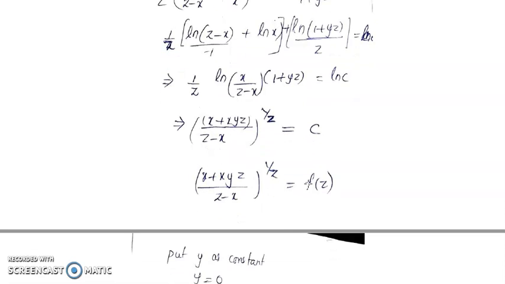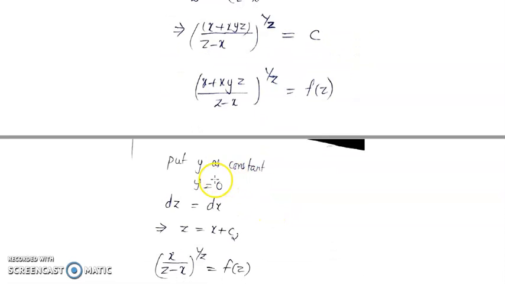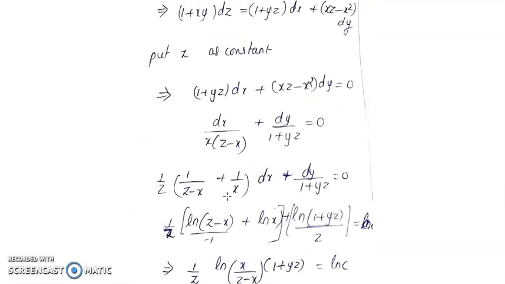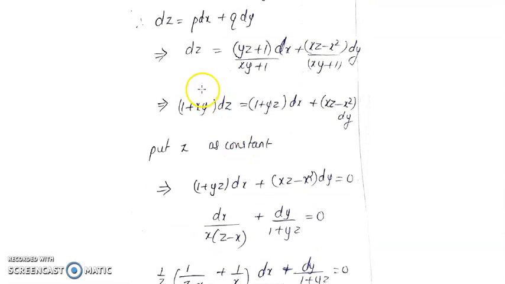Now let me put y equal to 0. When y is 0 you will get dz here, 1 comes here. So dz equal to dx. So this term will be equal to 0 when y is equal to 0. dy is 0, the term becomes 0.